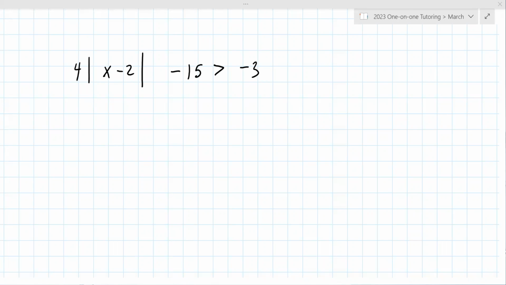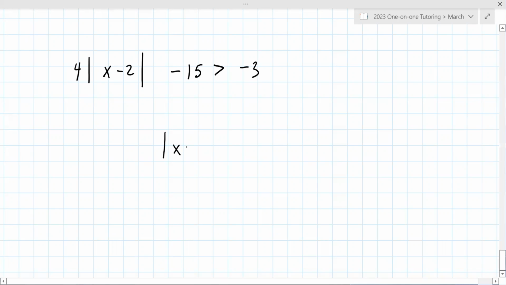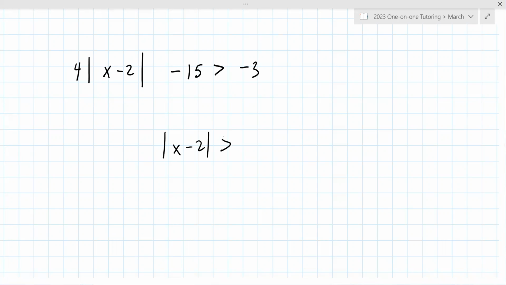Yes. You have to get it down to the absolute value greater than or less than, depending on the problem. You can't do anything to split it apart until you get that.